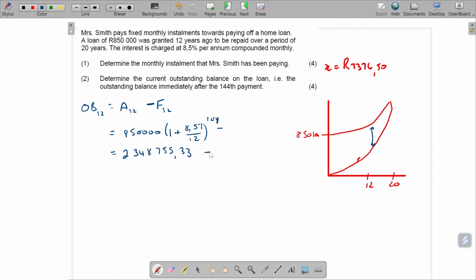Okay, the amount that he's saved up would be the 7,000 rand that he has put away every month. So the 7,300 rand that he's put away every month, times ((1 plus 8.5% over 12) to the power of 144 minus 1) all over 8.5% over 12.